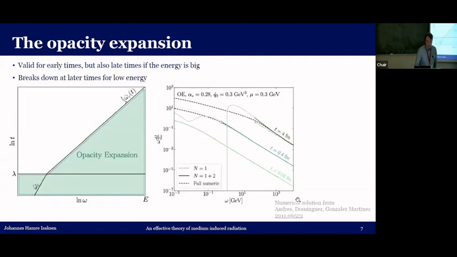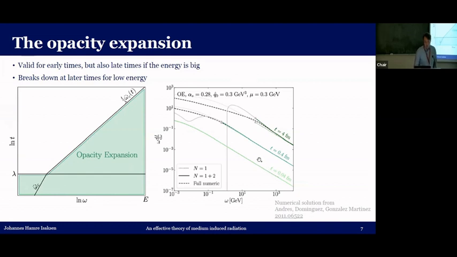To illustrate this, it's probably easier to see on a picture. The opacity expansion is valid for early times, when the time L is smaller than lambda, but also for high energy, which is quite interesting. So we draw this region of convergence on this plane here, and we also calculate this emission spectrum for four different times.